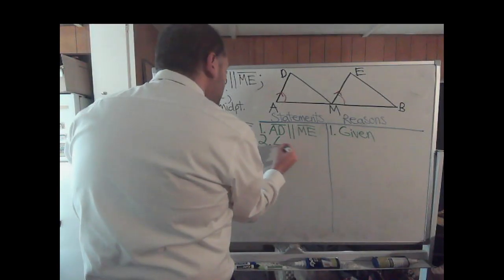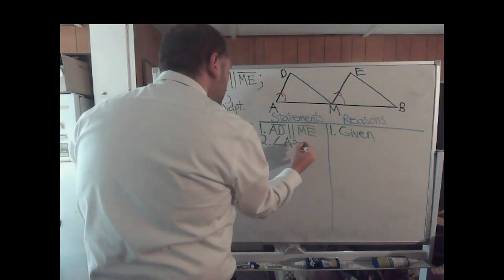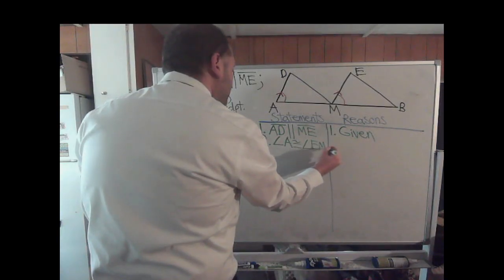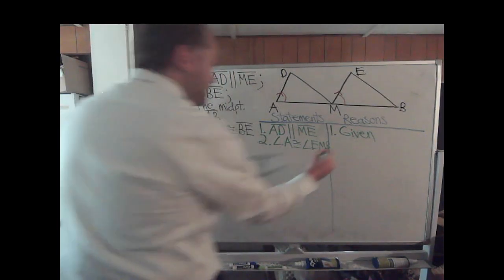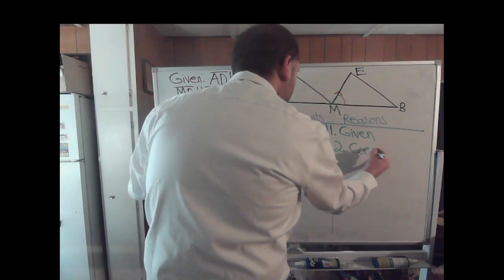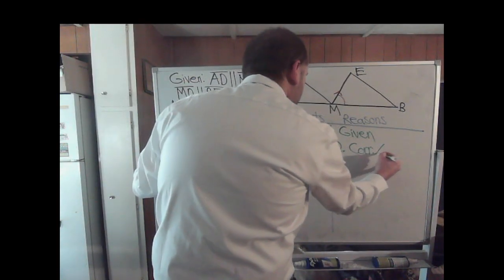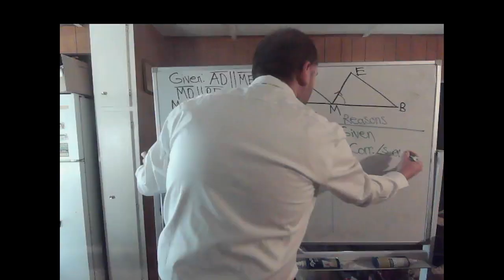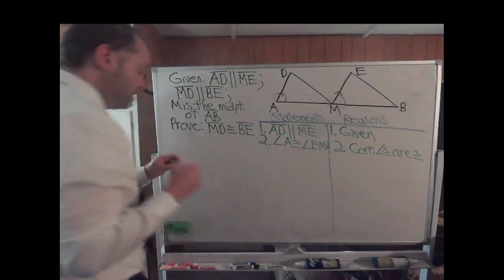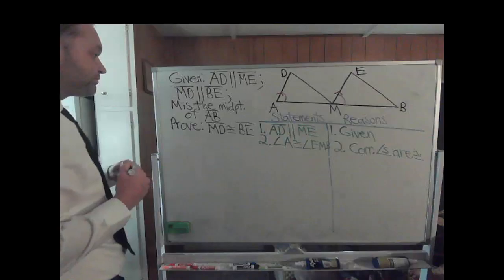So angle A is congruent to angle EMB by the fact that you have two parallel lines cut by a transversal, then you have corresponding angles are congruent. So that's good. We've started out strong there.